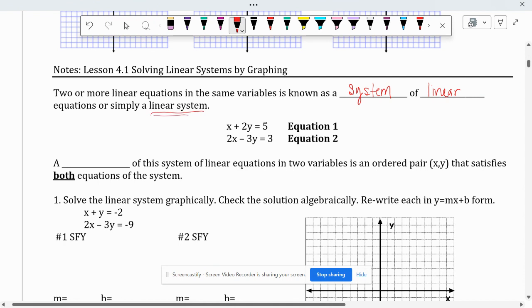So you'll see in this first example, I have x plus 2y equals 5 and 2x minus 3y equals 3. A solution of a system of linear equations is an ordered pair. It's an xy ordered pair that satisfies both equations, or all equations, in the system.